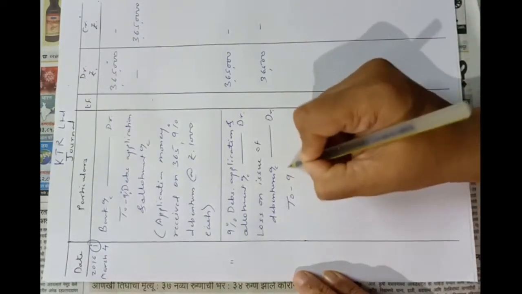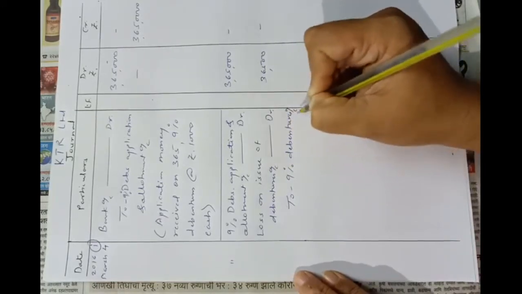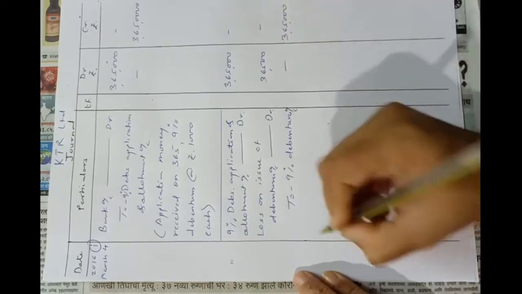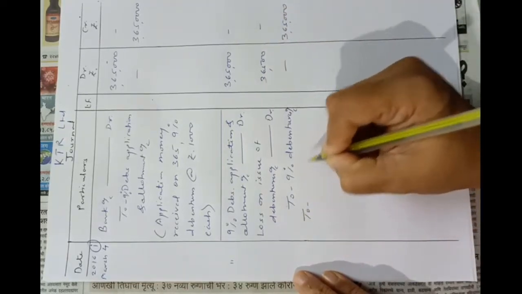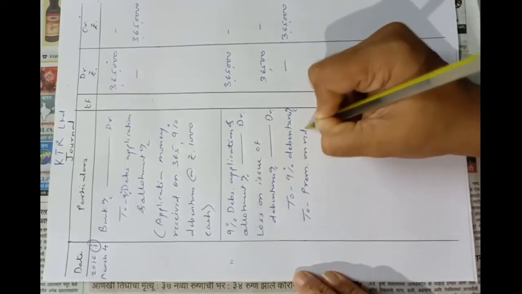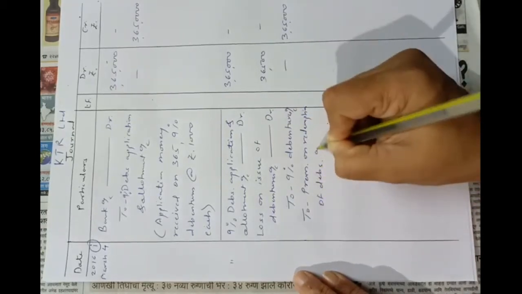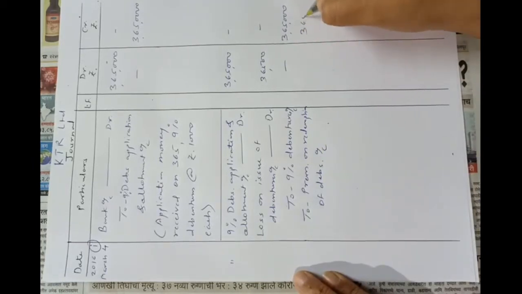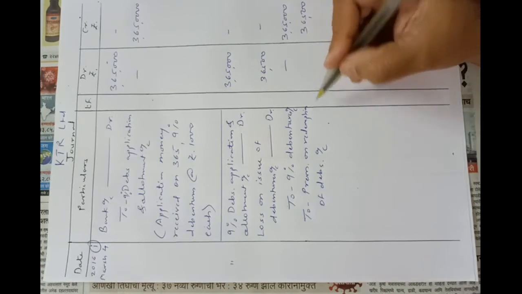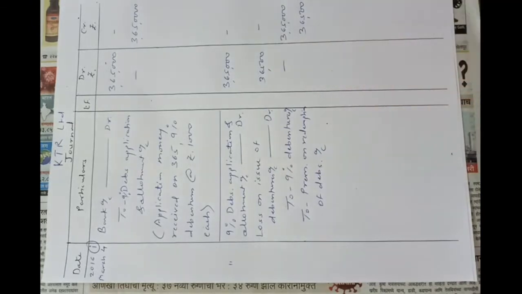to 9% debentures account, 3,65,000, to premium on redemption of debentures account, 36,500. Premium extra payable at the time of redemption is debited to loss on issue of debentures account because it is capital loss.